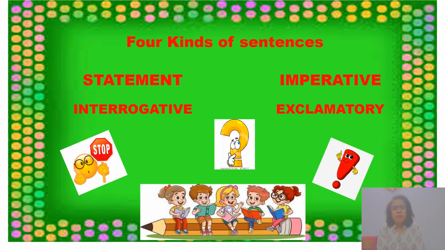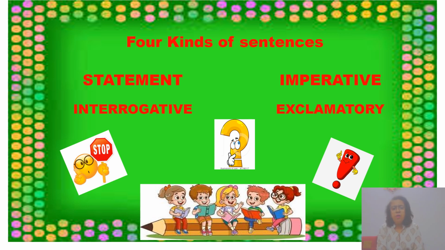So here we move on to the different kinds of sentences. Children, there are four different kinds of sentences: statement, imperative sentences, interrogative sentences, and exclamatory sentences. Children, whenever you are learning either literature or grammar, whatever you learn, you have to be very particular about your pronunciations and also your spellings.